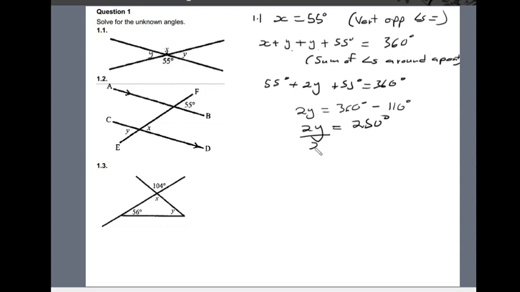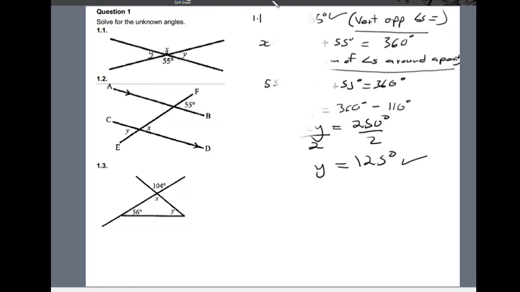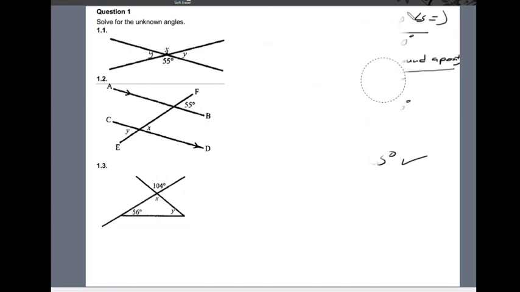And then if you divide both sides by 2, uzothola y is equal to 125 degrees, right? So x is equal to 55 degrees and y is equal to 125 degrees. Usebenzise ama reasons ayi-2. Vertically opposite angles are equal, and the sum of angles around a point is equal to 360 degrees, right?